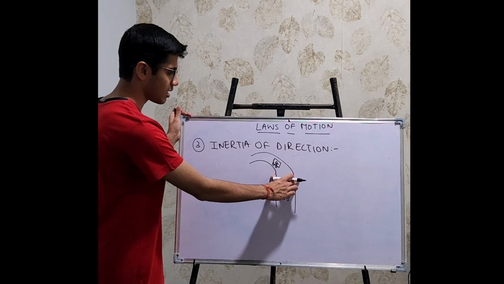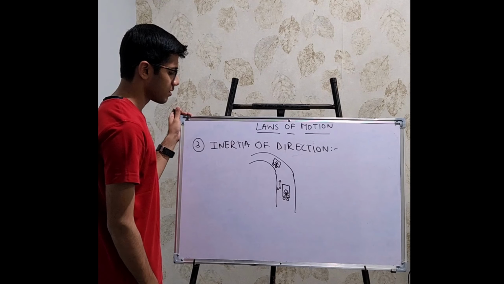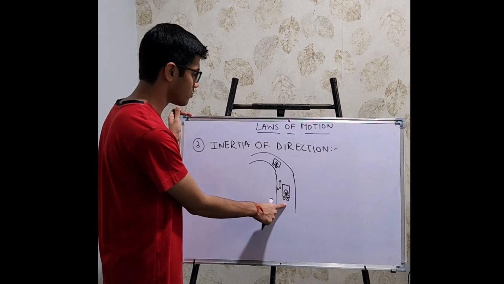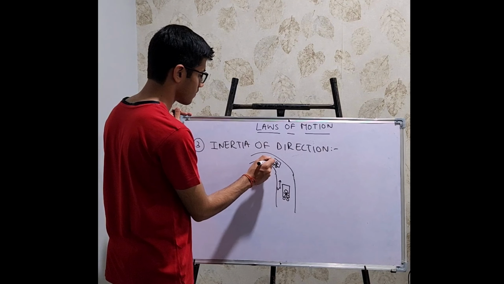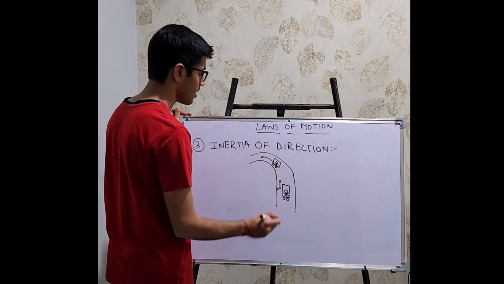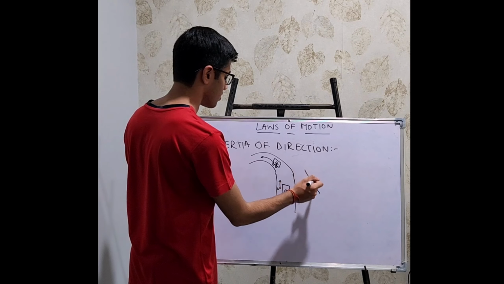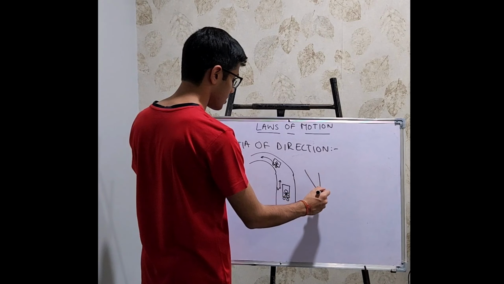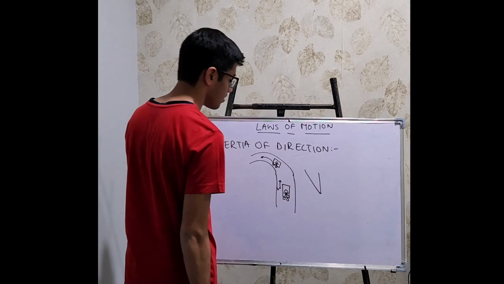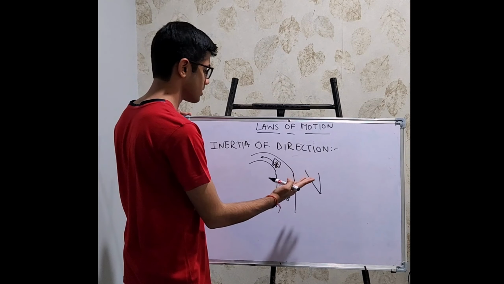Rectilinear motion is the straight line motion. We can assume this is a straight road, and it wants to remain in its rectilinear motion, but the car negotiates a curve to the left hand side. So when the car is negotiating a turn and the passenger wants to remain in the rectilinear motion, we will experience a jerk on the opposite side.